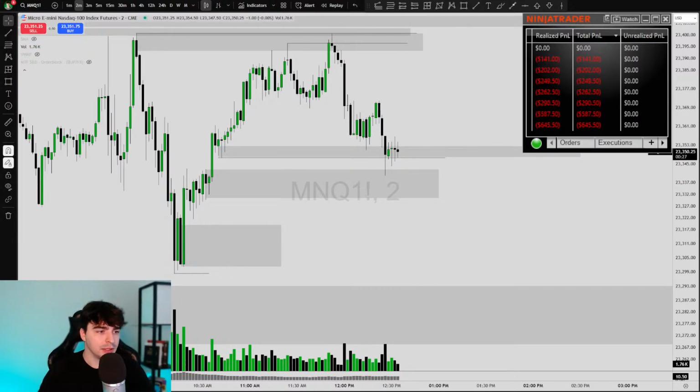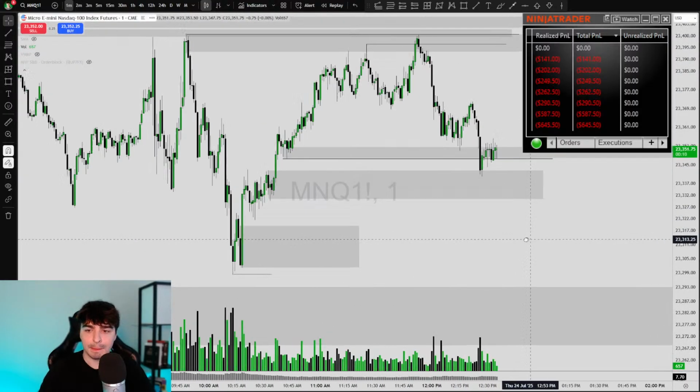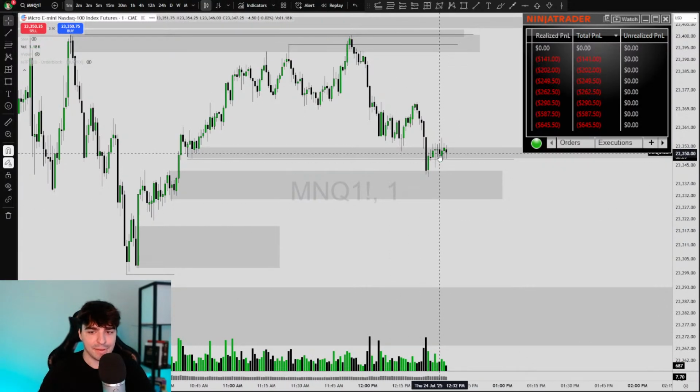At this point, I think I can only wait for a sweep lower. This is just not tradable. Just too much chop.